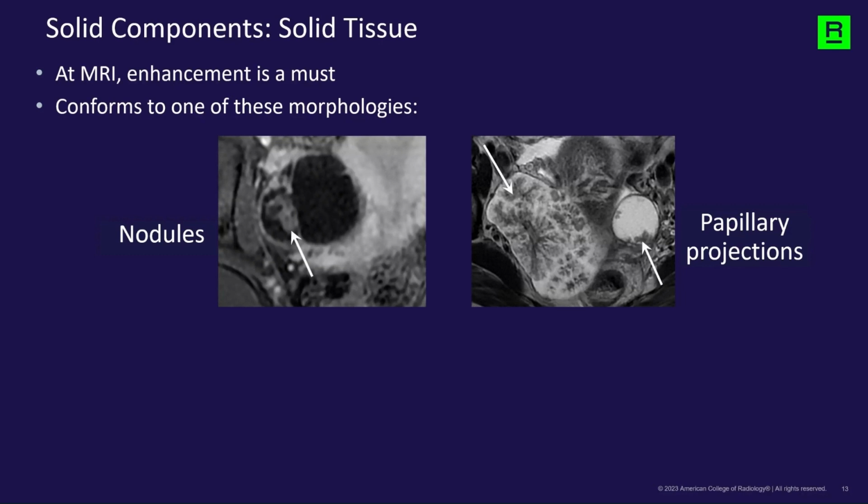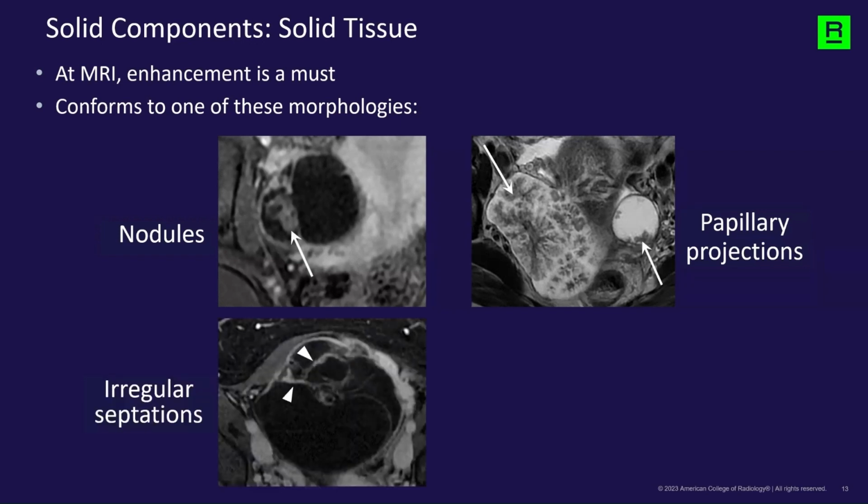In this example of bilateral serous borderline tumors, 2 different growth patterns of papillary projections are displayed on this T2 weighted image. On the patient's right, the frond-like papillary projections are growing exophytically along the surface of the ovary, whereas on the patient's left, there are endophytic papillary projections arising within a unilocular cyst.